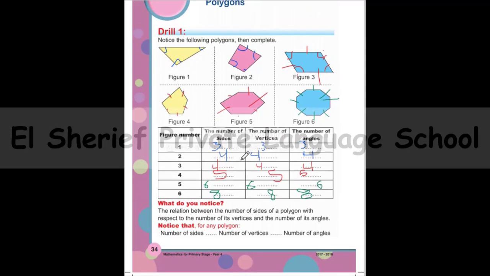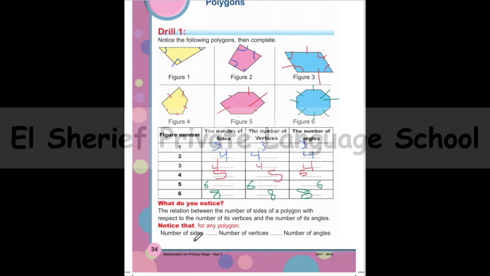What do you note? We note that the number of sides equals the number of vertices equals the number of angles. If the number of sides is 3, the vertices will be 3 and the angles will be 3. If the number of sides is 8, like figure 6, the number of vertices will be 8 also, and the number of angles equals 8.